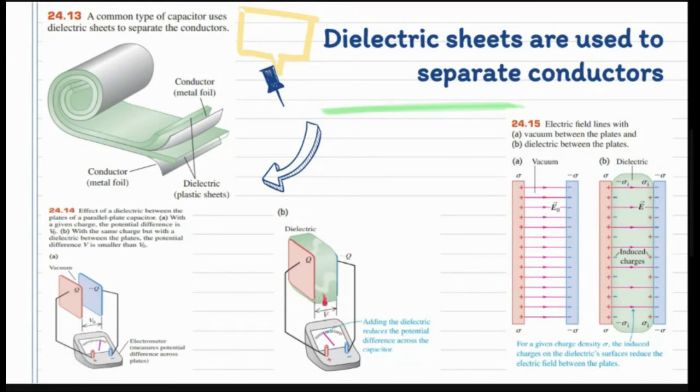But if we place a dielectric material between the two conducting plates in our capacitor, the electric potential will decrease.